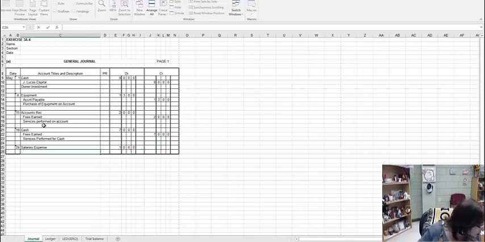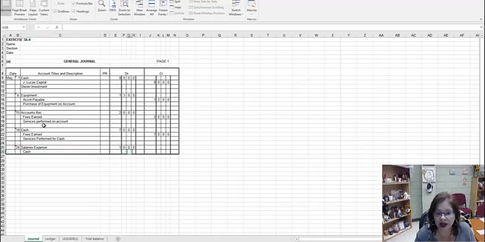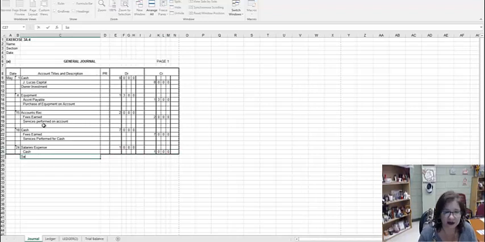Then we're going to take it out of cash because she paid. So her cash account is credited for $1,000. And don't worry about that double line. And here we're going to put in salaries paid.